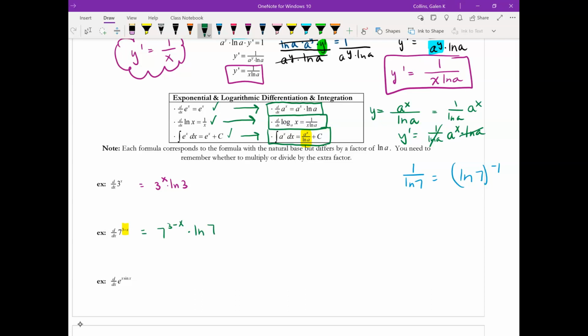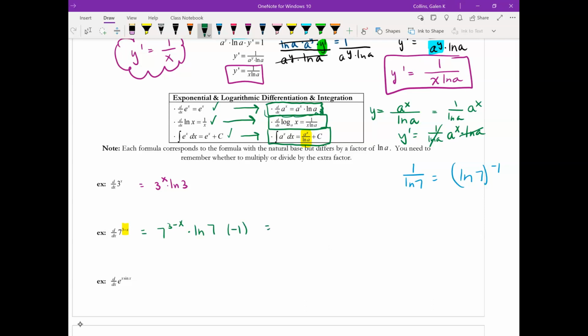So far, we're just following, again, this formula that's in the box. But because of the chain rule, because that's 7 to the power of 3 minus x and not just plain old 7 to the power of x, we still have to multiply by the derivative of 3 minus x, which is -1.